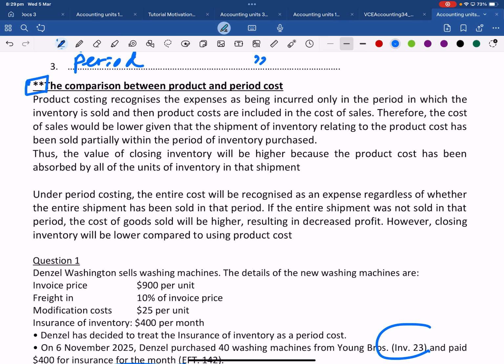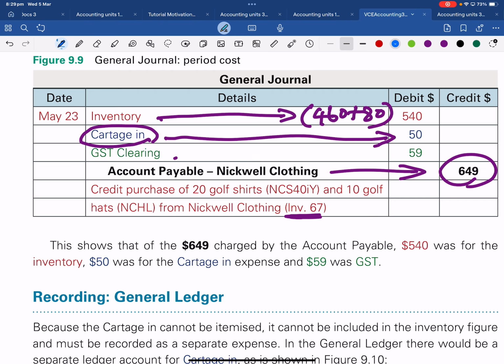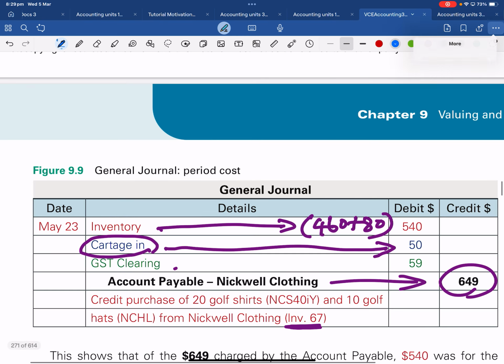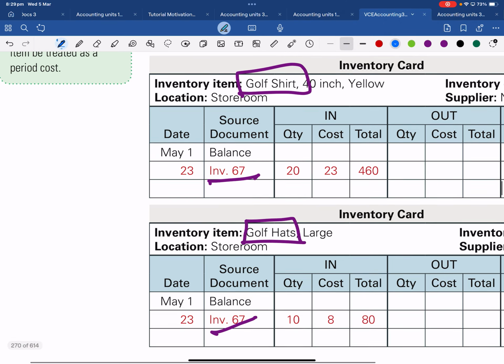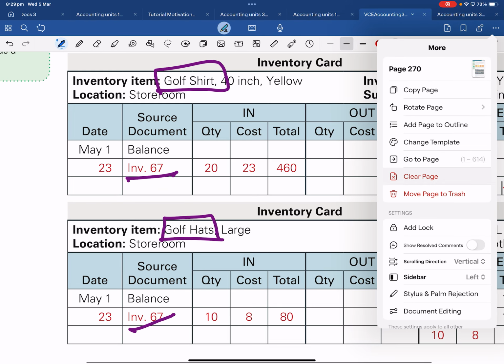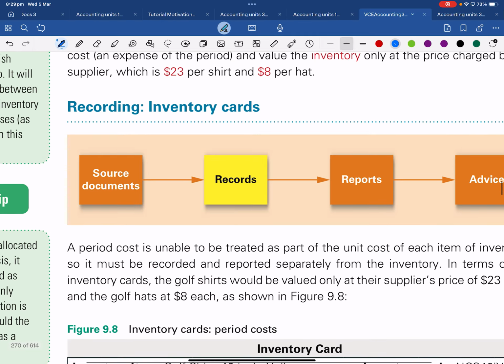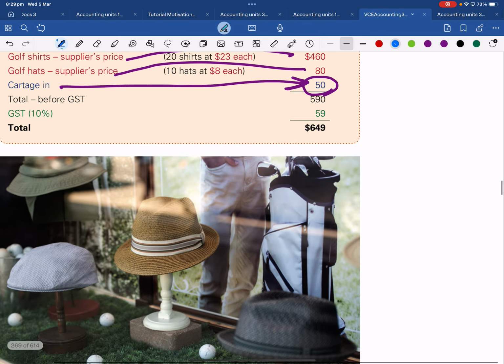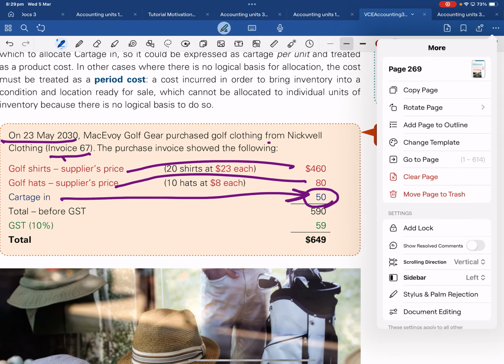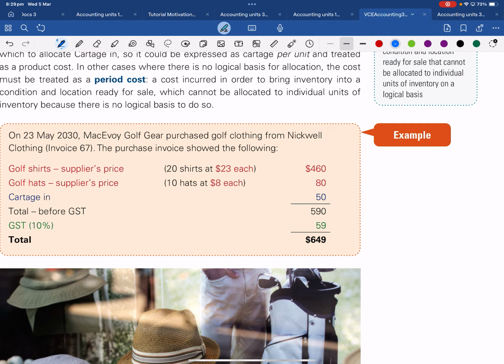Okay, guys, do you understand it? Now, this one is basically we are trying to compare product and period cost. Let's say a particular cost we identify as a product cost. What will happen? We will allocate that particular cost to the cost of sales as we sell the inventory.